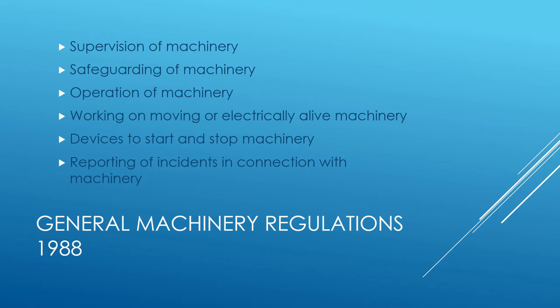Devices to start and stop machinery focuses on what electrical connections must be connected to the machine to ensure safe operation. And then the reporting of incidents makes specific reference to what type of incidents must be reported to a supervisor.